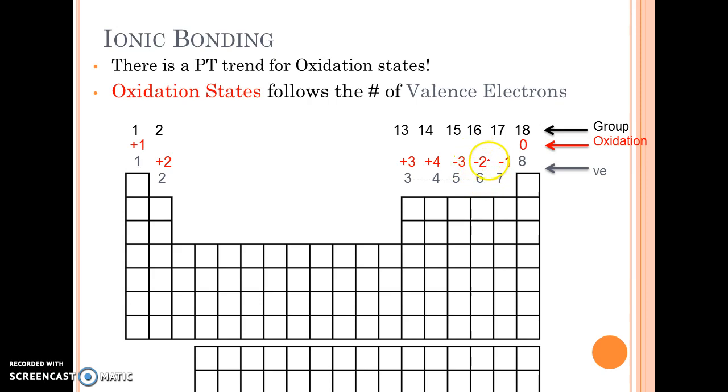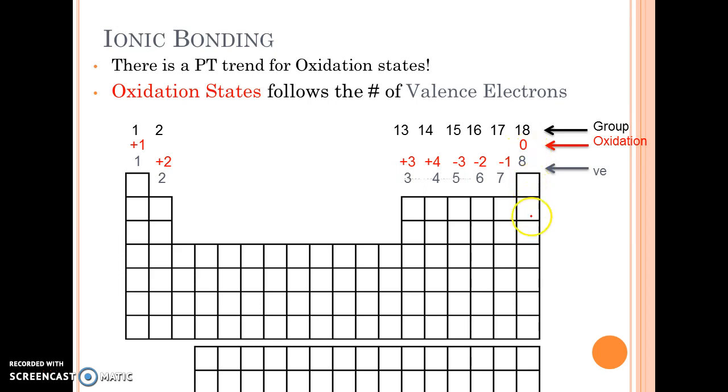Therefore, it will gain 2 extra electrons to create an anion with a negative charge of 2. Group 17 has 7 valence electrons. They only need 1 more to have 8. So they will collect 1 extra electron to create a negatively charged anion with a -1 charge.